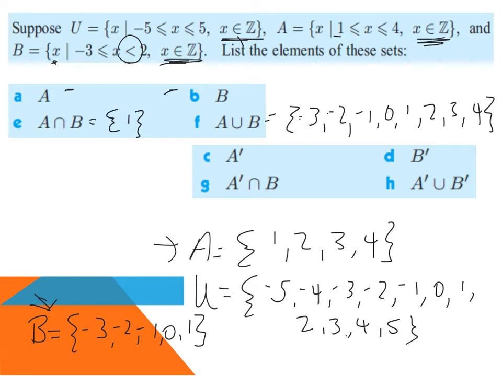And then the complement of A is going to be everything that's in U that's not in A. Because now we're back to looking at our universal set. So whatever is in the universal set that is not in A. So what's not in A is -5 through 0. So we would have -5, -4, -3, -2, -1, and 0.